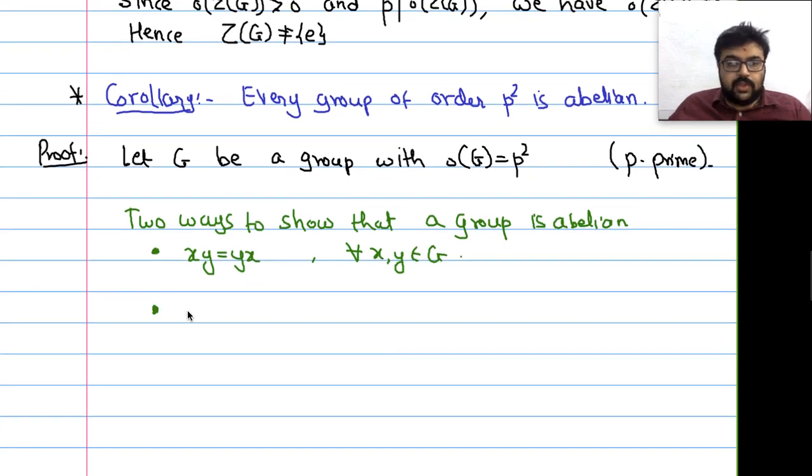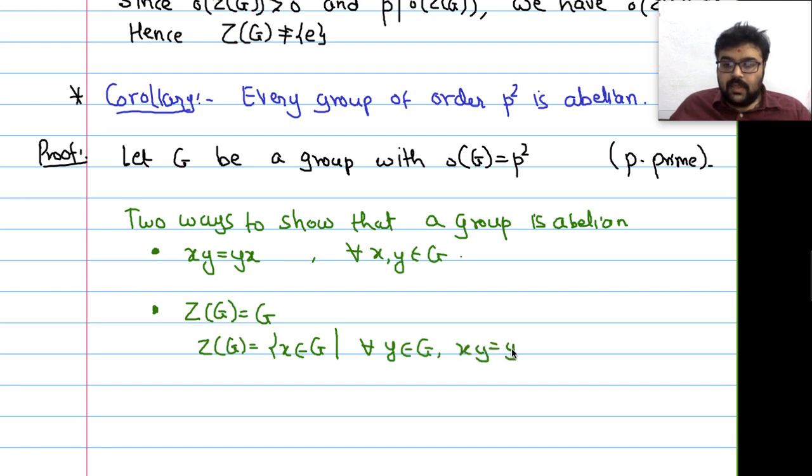Another one is we show that Z(G) equals G. What is Z(G)? Z(G) is all those x in G which commute with every y in G. So for every y in G, xy equals yx.